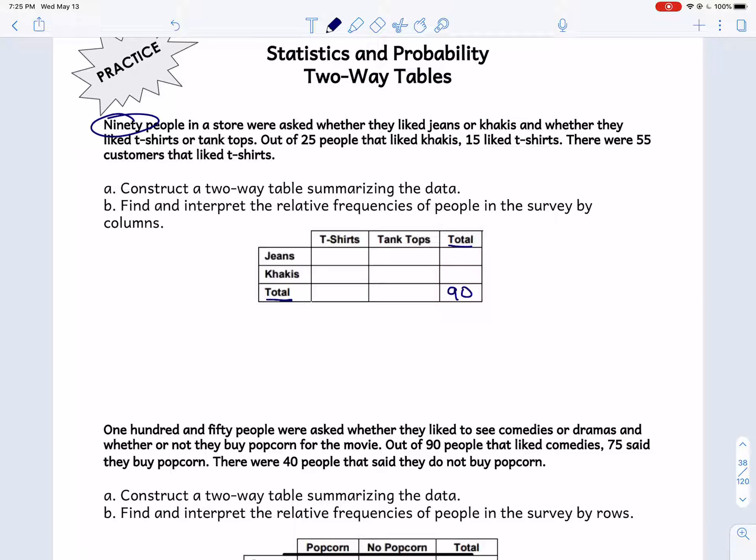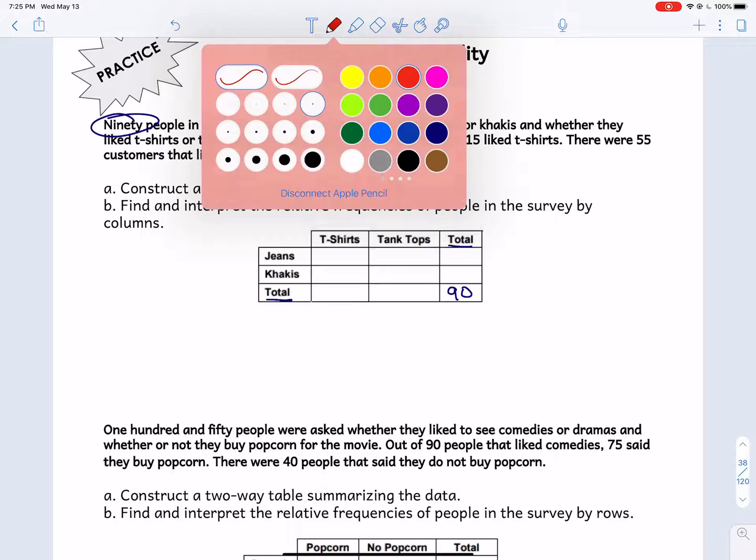So that means whoever liked t-shirts and tank tops, when we add those together, it has to be 90 people. And then the people that were asked about if they like jeans or khakis, that has to add up to 90. Okay, so now let's get to some of the inside pieces.